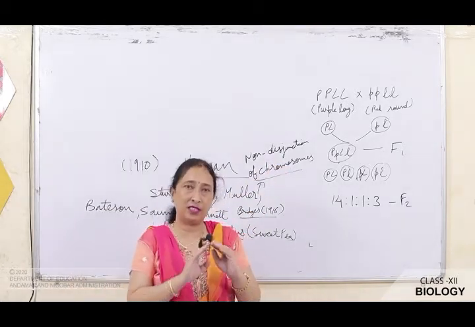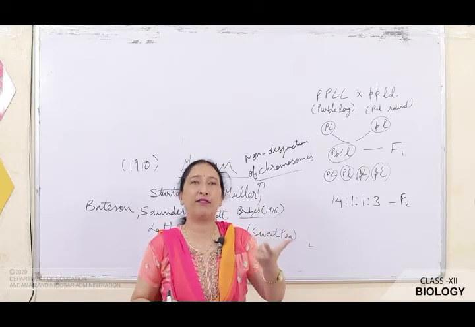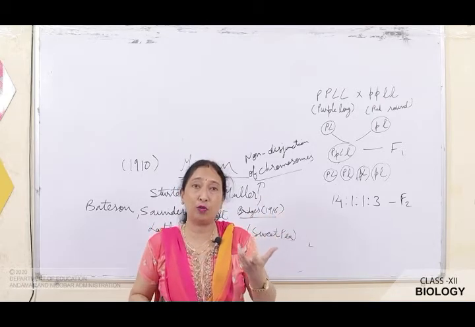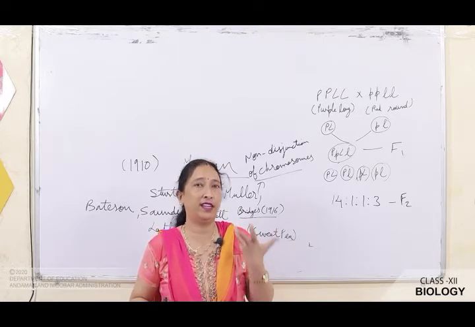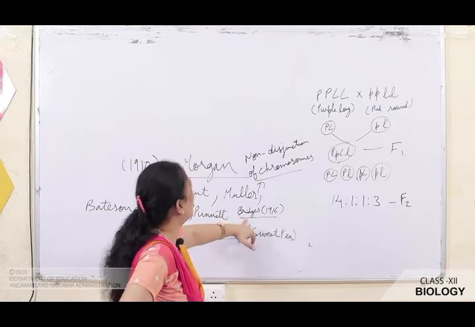Non-disjunction of chromosomes means the chromosomes fail to separate. Basically it is also defining linkage. Hence he was able to prove that the chromosomal theory of inheritance is based on linkage. That was again given by Bridges.